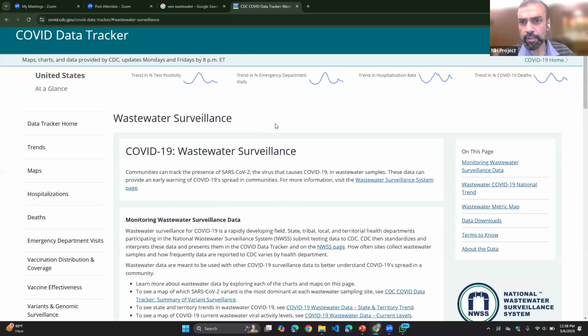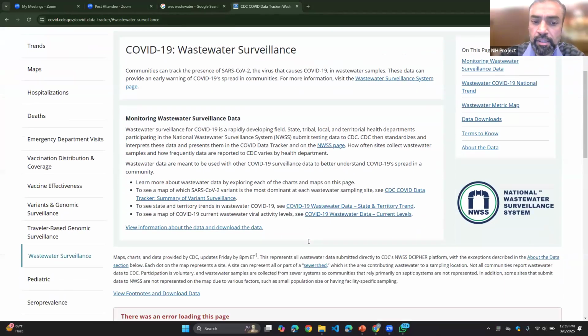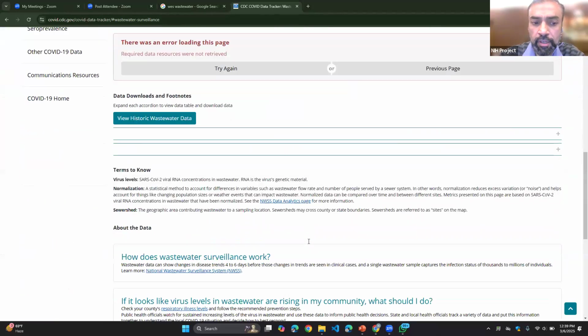So whenever you have the sequences in hand out of the wastewater, then you can make this kind of analysis: what are the trends in test positivity, what are the trends in emergency department visits in relation to the presence of certain bacteria and certain pathogens in the wastewater, what are the hospitalization rate and trend, and the percentage of COVID-19 deaths? All of these things are then relatable to each other.